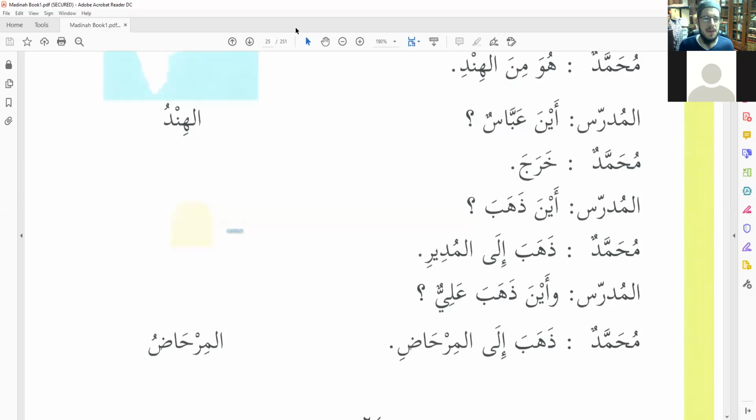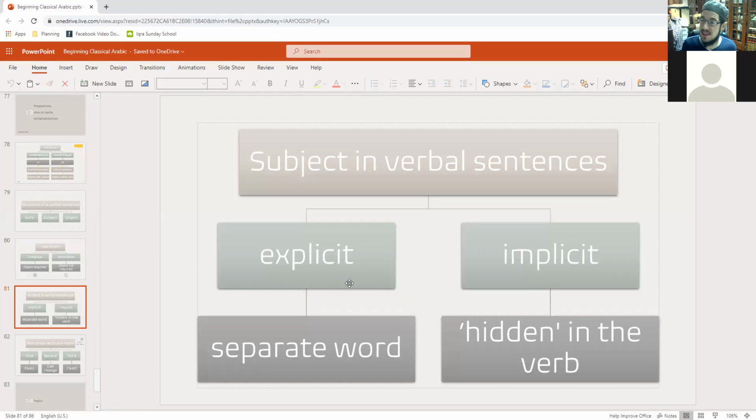Sometimes the subject is explicit with a separate word, like in the Shahada family's example. ذهب محمد, Muhammad went. And sometimes it's implicit. ذهب, خرج, which means he went, he left. It's already conjugated. So the subject is hidden inside of the verb.